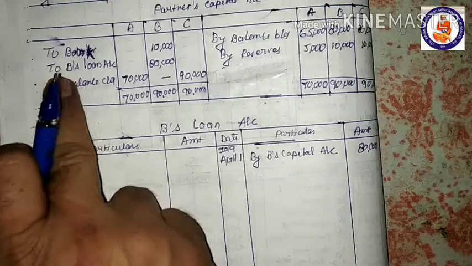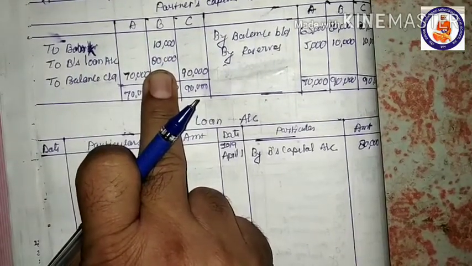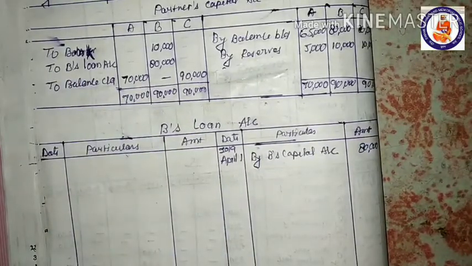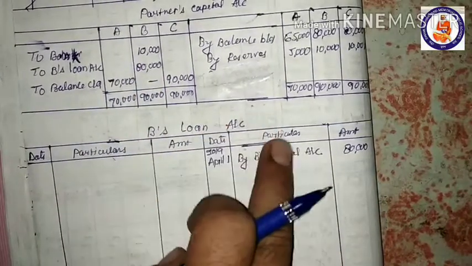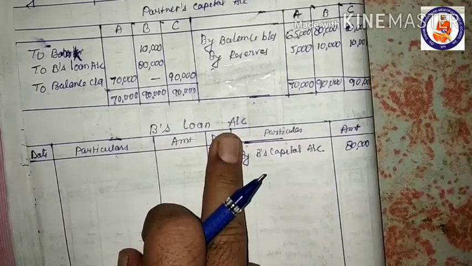Now this loan, whatever amount is to be paid in future in installments, will be shown in his loan account. This 80,000 will be transferred to the retiring partner's loan account.